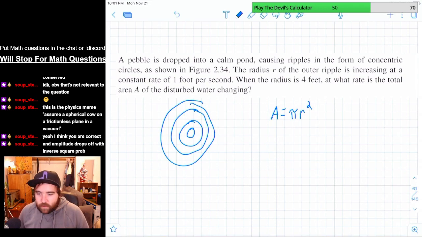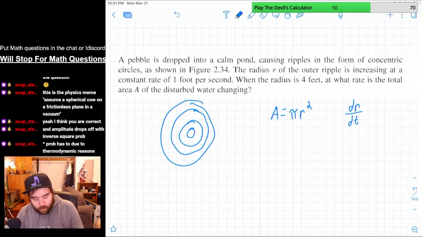This is what we were doing when the pencil died. They tell us that it's increasing at a constant rate of 1 foot per second. So that's our dr, the change in the radius, per change in time. So dr/dt is positive 1, because it's increasing at 1 per second.